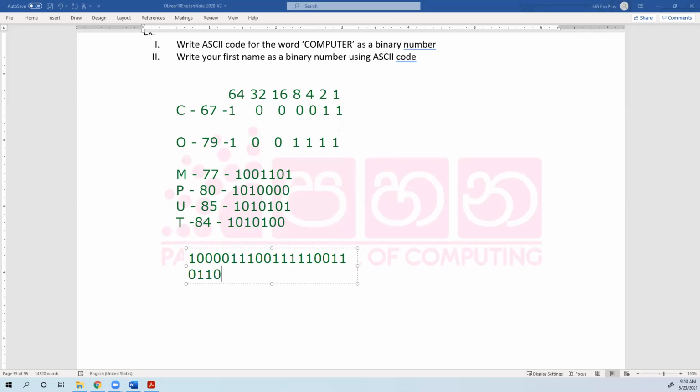P 1, 0, 1, 0, 0, 0, 0. U 1, 0, 1, 0, 1, 0, 1. T 1, 0, 1, 0, 1, 0, 0. So this is how the word computer is represented inside the computer using ASCII.